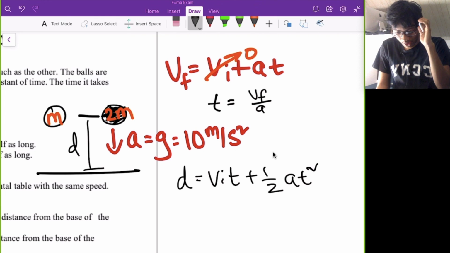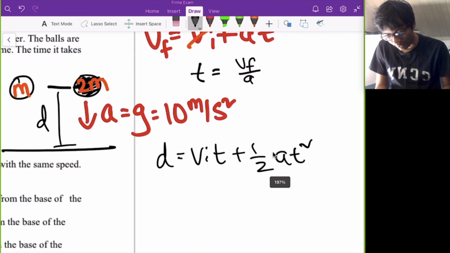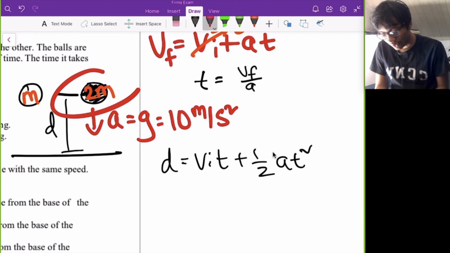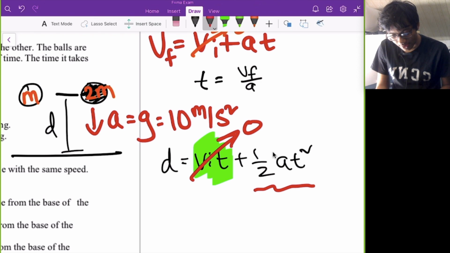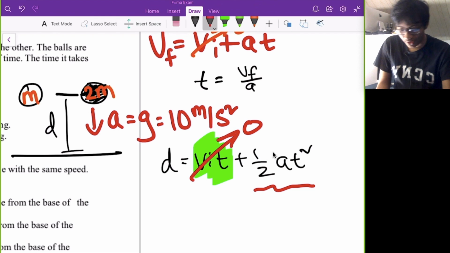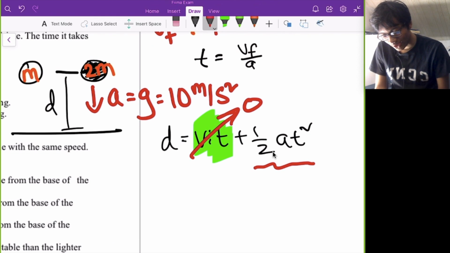But before we do, let's try to find the time. We know that both of these balls have an initial velocity of 0, so this term, VIT, is going to go to 0. How about this? Well, remember, our acceleration is just g, right? So we can just solve for time here.